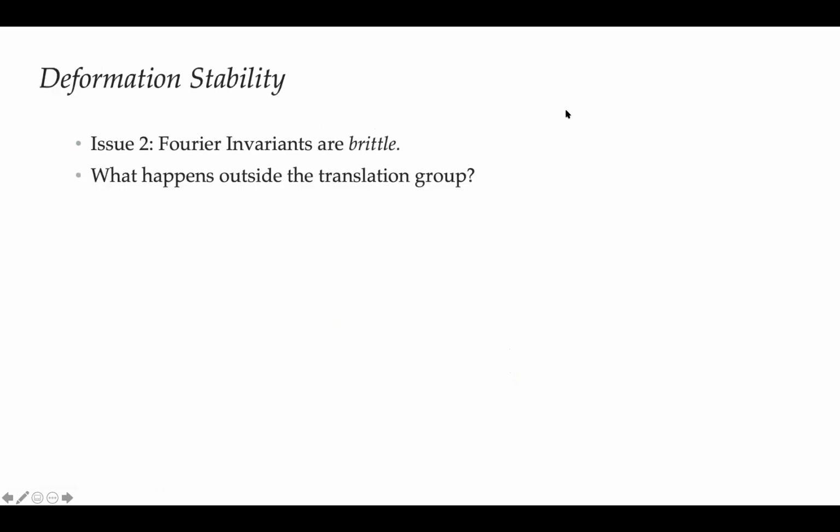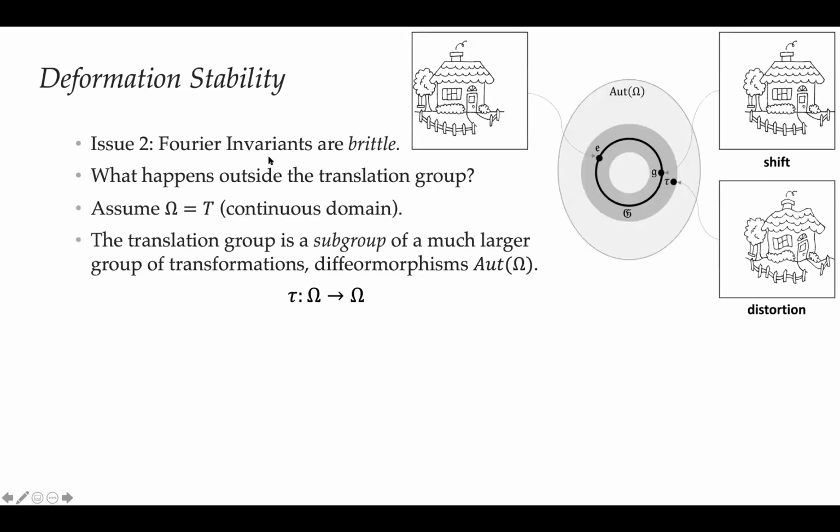There's another issue that is even more important, which is some form of brittleness of this Fourier representation. For this we need to think a little bit out of the box. So far we have been focused on a very tiny symmetry structure, which is just the translation group. The question you should ask is what happens outside the translation group. Let's assume, again for simplicity, that we are in a continuous domain now, so I can define this in an easier way.